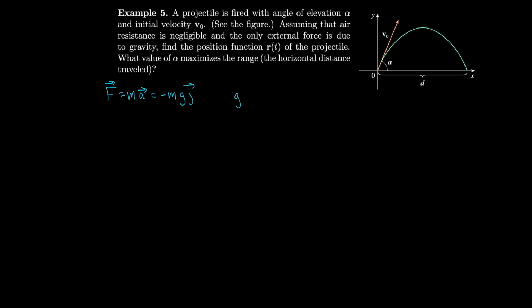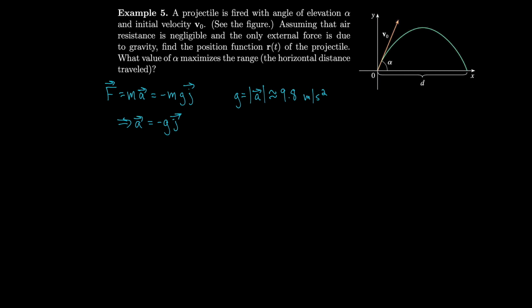Remember that the acceleration due to gravity is the length of the acceleration vector, 9.8 meters per second squared. So this means that our acceleration can be given by minus g times j.